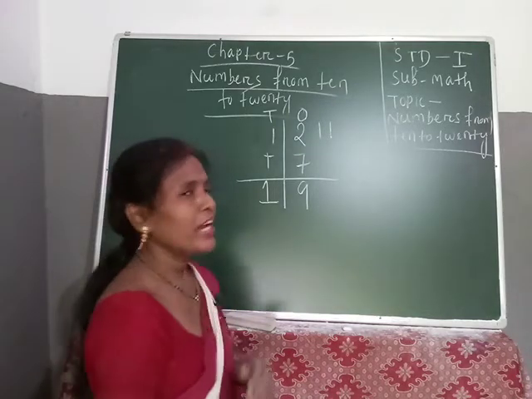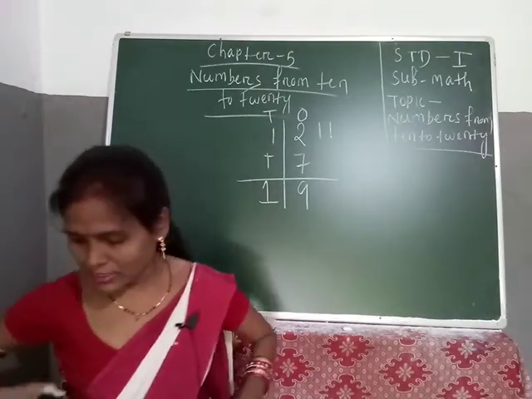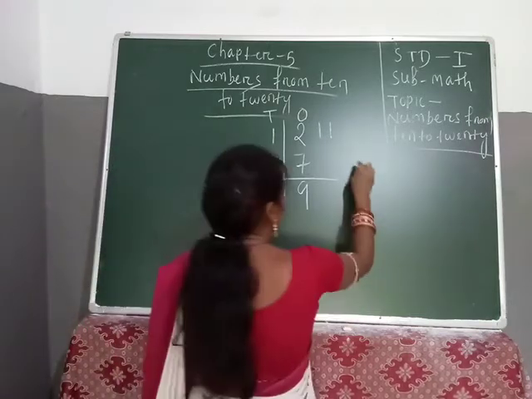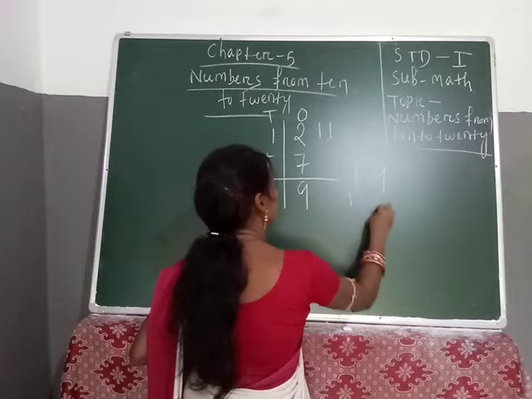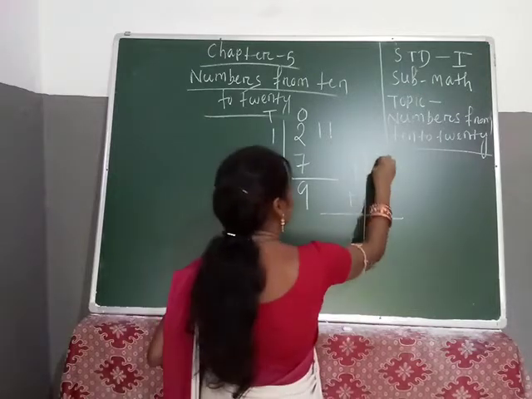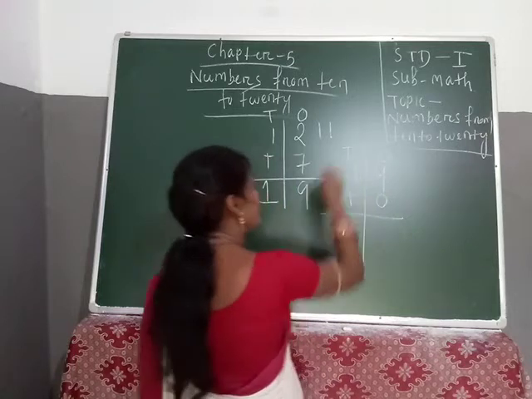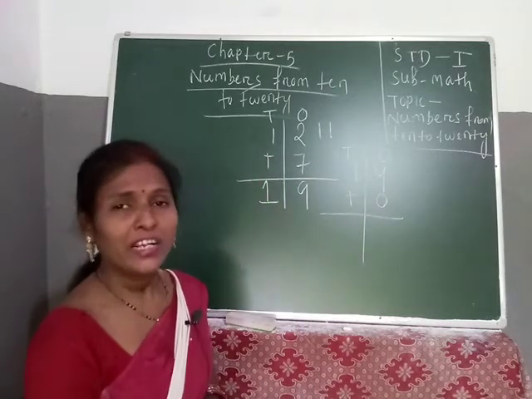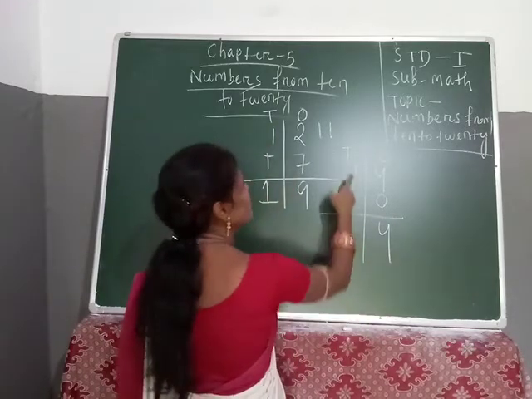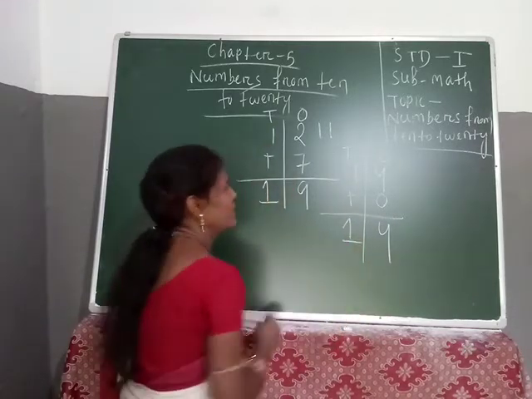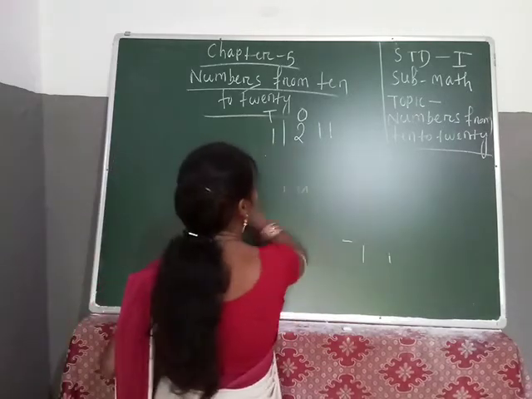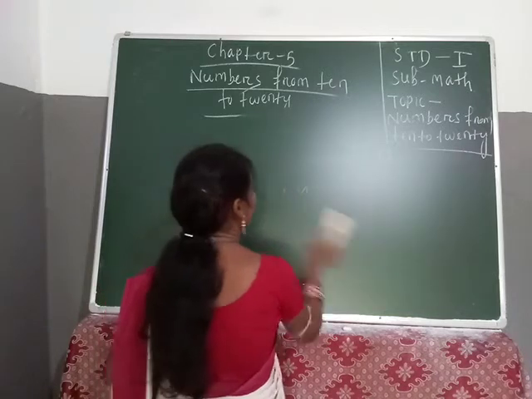That is your 19. Next is your 14 plus 0. Here also, students, you just put a line and mention this is your tens and this is your ones. Then 4 plus 0 is how much? 4, and this one is your 1. That is known as your 14. Okay. Now this is complete.